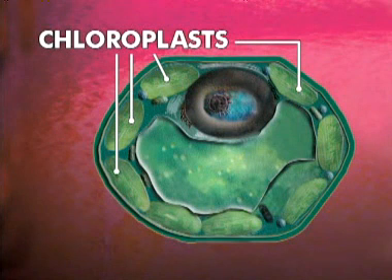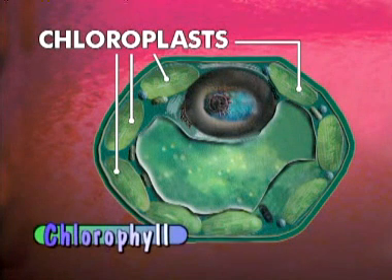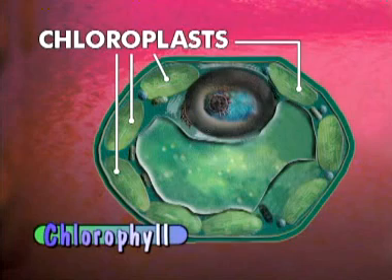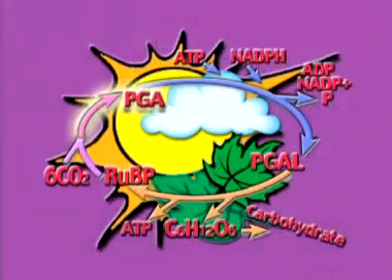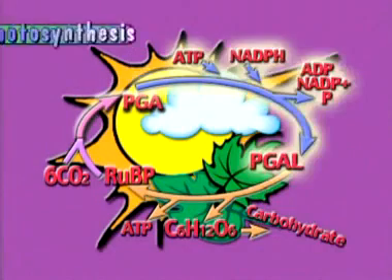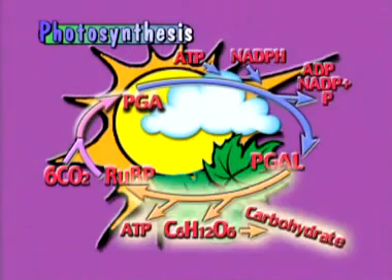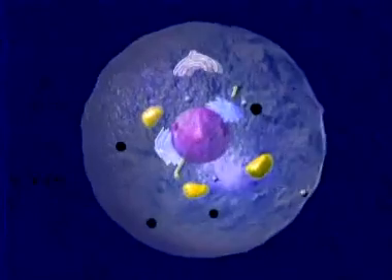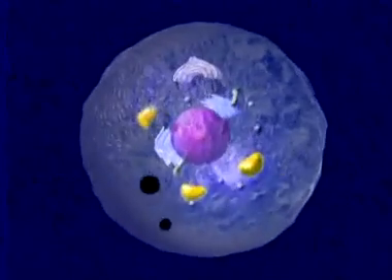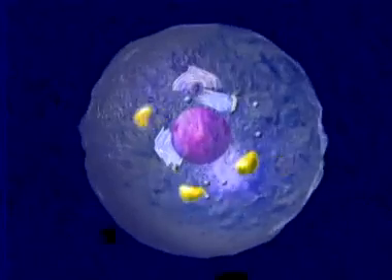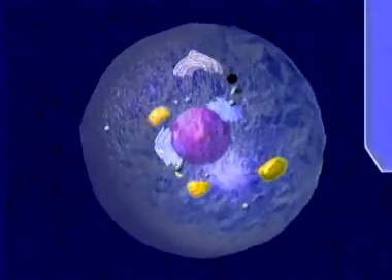Inside a chloroplast is a substance called chlorophyll, which gives plants their green color. Chloroplasts take the sun's energy and convert it to sugars, creating power for the plant in a process called photosynthesis. In their tiny world, these organelles work together to create life. It's that team effort that keeps all living things moving, growing, and reproducing.